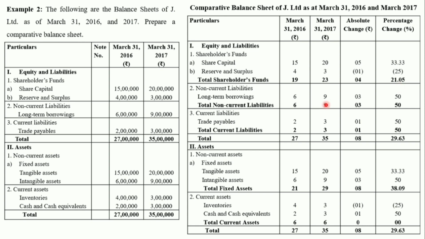Long-term borrowing has also increased by 50%, and total fixed assets have increased by 38.09%, and current assets have not changed in both years. But current liability has increased by 50%, which indicates an unsatisfactory short-term liquidity position of the company. This is the interpretation of the comparative balance sheet.